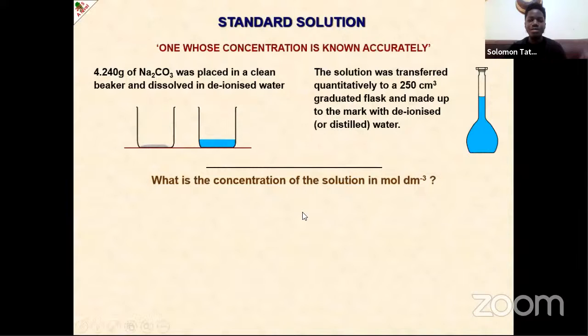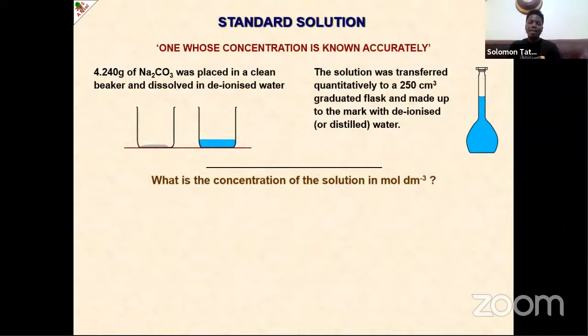In other words, you're finding the molarity of this solution. We have dissolved these grams of sodium carbonate into this volume. Okay, what do you do first? We have seen this many times. Last time we saw this type of question very, very many times. So you should be able to remember this.